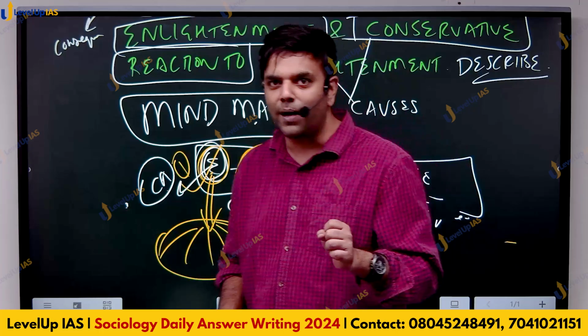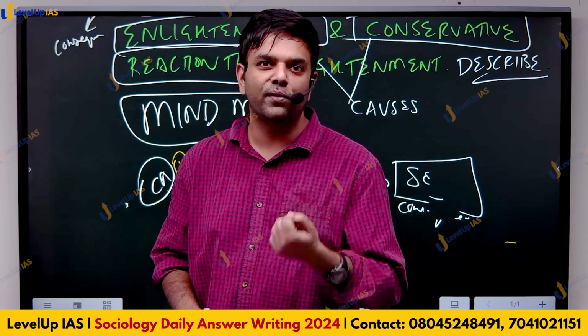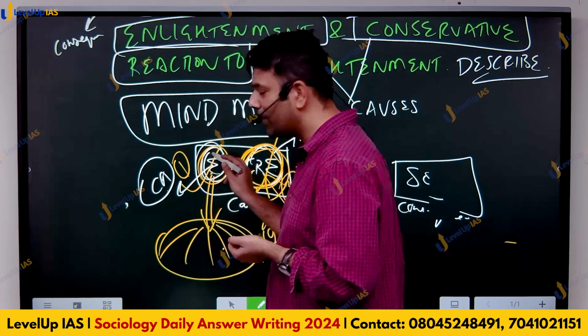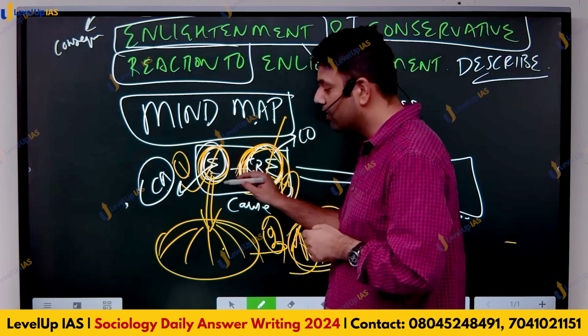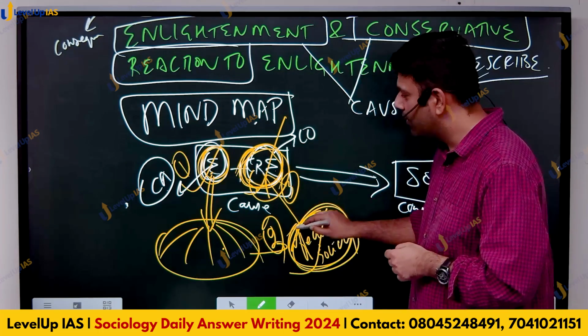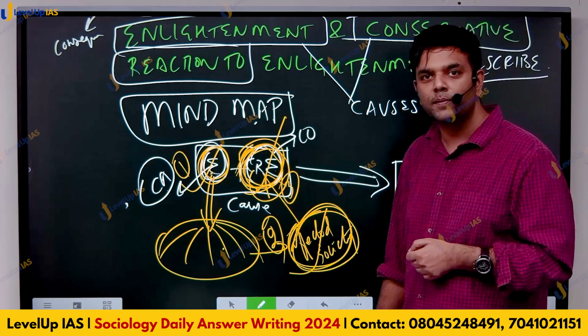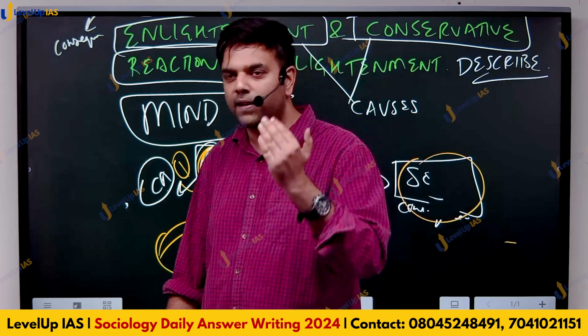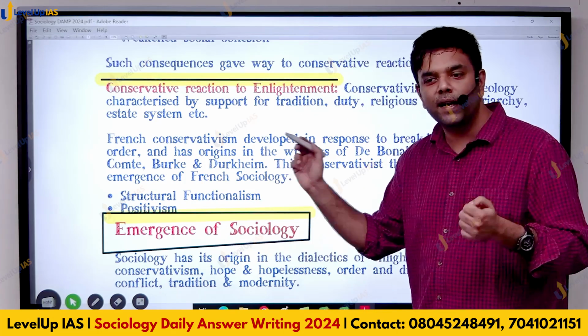Emergence of sociology. Now what should ours be? Subheading should be emergence of sociology. So whatever you will write, you will write in subheading. 1 was subheading, 2 was subheading, 3 was subheading, 4th would also be subheading. So that means there will be a flow in your answer too. So emergence of sociology is the next subheading.